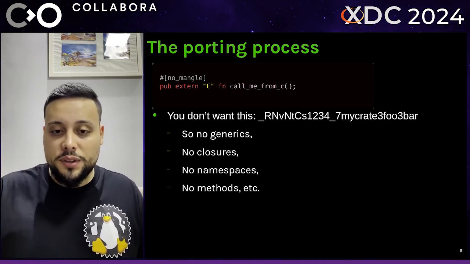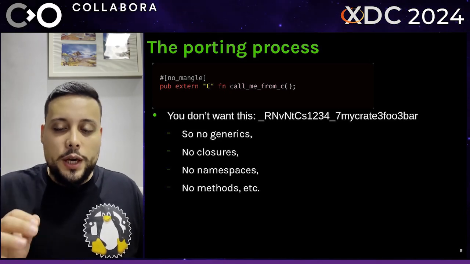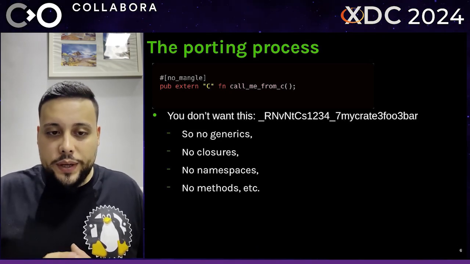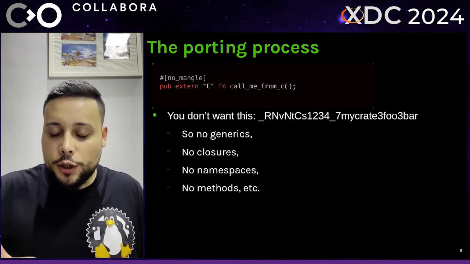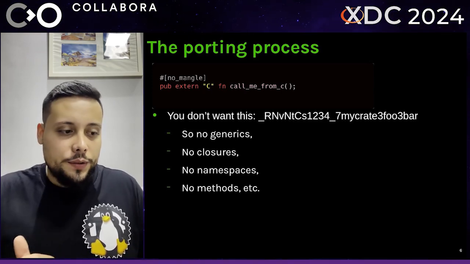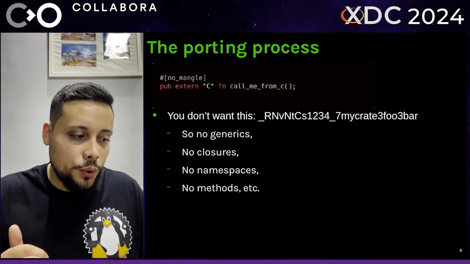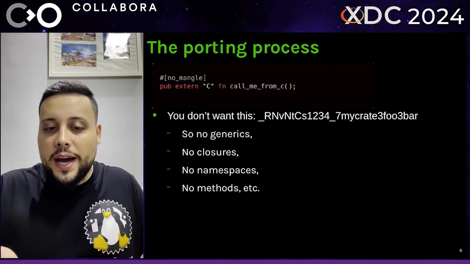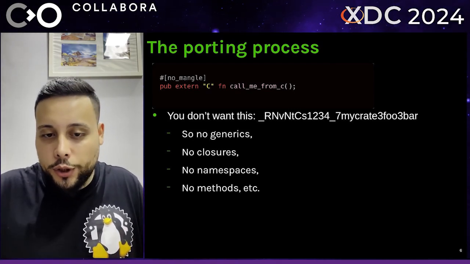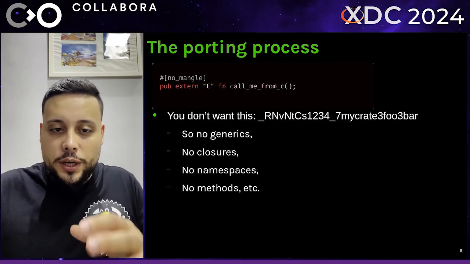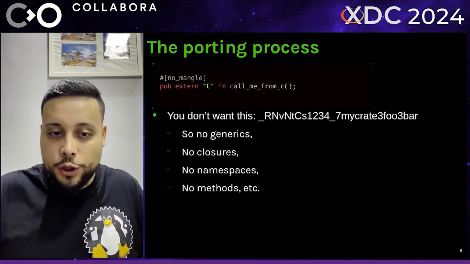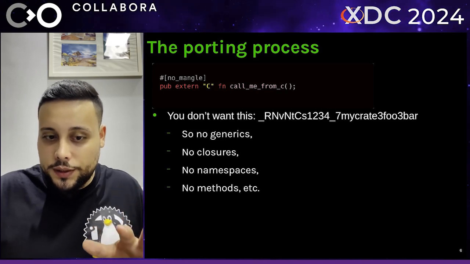This is troublesome because you want a one-to-one match between what you call your function and the actual name that will be in the actual object file. Because from C, you don't want to type this huge name that you're seeing over there. This is actually pretty unworkable. You want the name of the function you write in Rust to be the exact name of the function you'll be calling from C. And that's why you need to disable mangling.